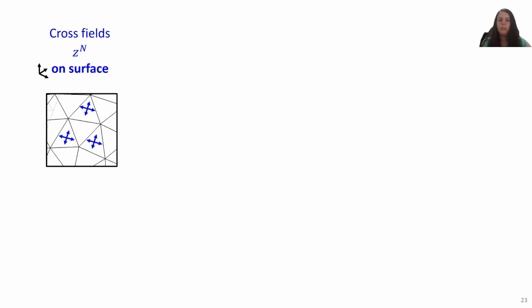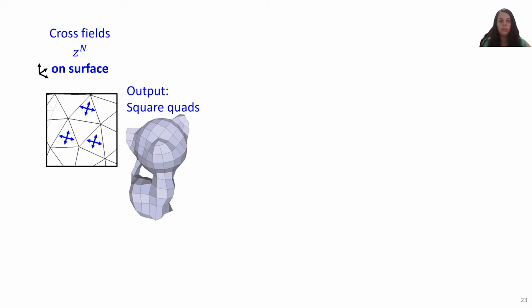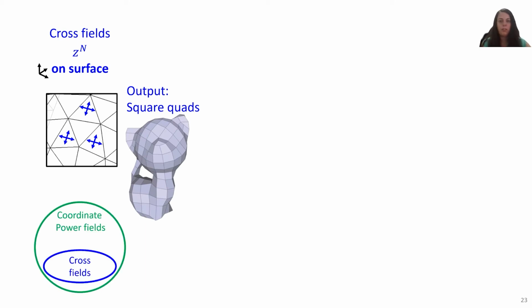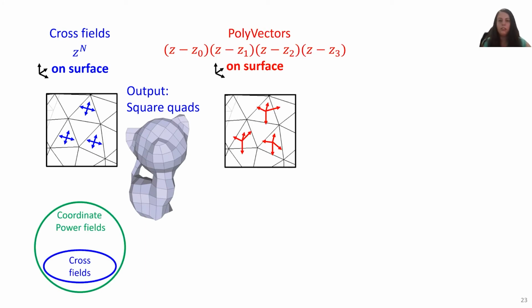Looking at the differences between the formulations, crossfields are represented by the nth order roots of a complex number per face on the surface. They are unit length and orthogonal, forcing the 3D quads to be squares, which limits the solution space. Polyvectors are represented as the roots of a complex polynomial per face. They do not require rotational symmetry, allowing for non-orthogonal, non-unit length fields.